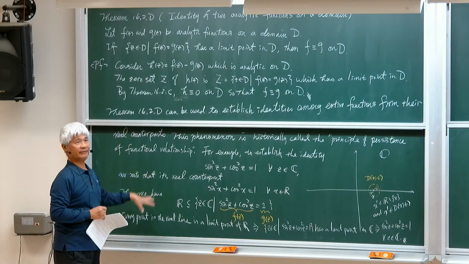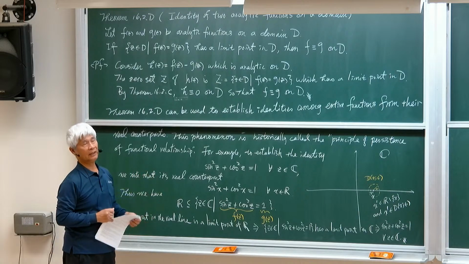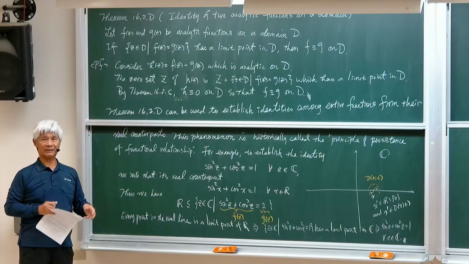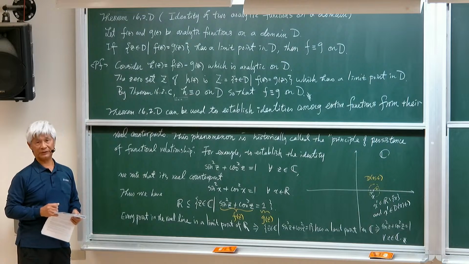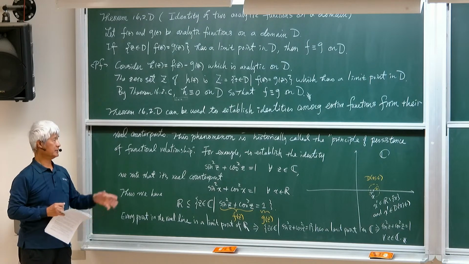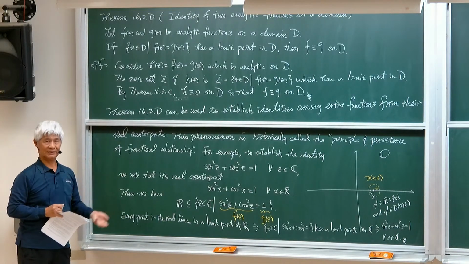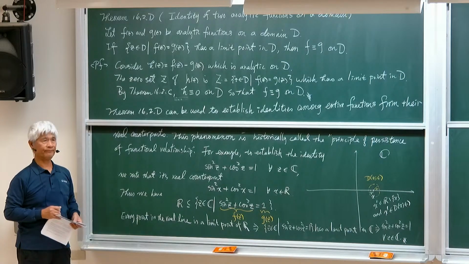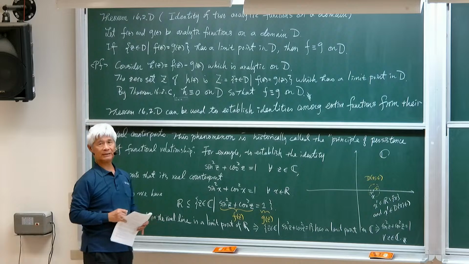So this is very convenient, because we learn a lot of identities, especially many identities in trigonometry, and they can be extended to the complex domain. Any questions?